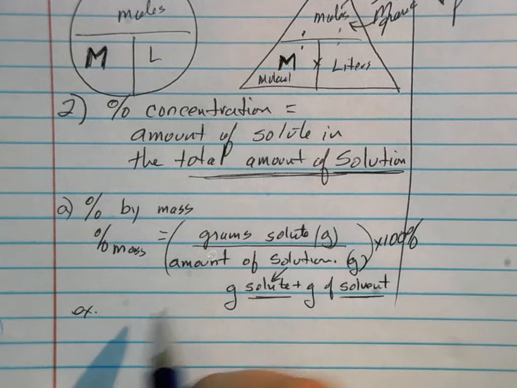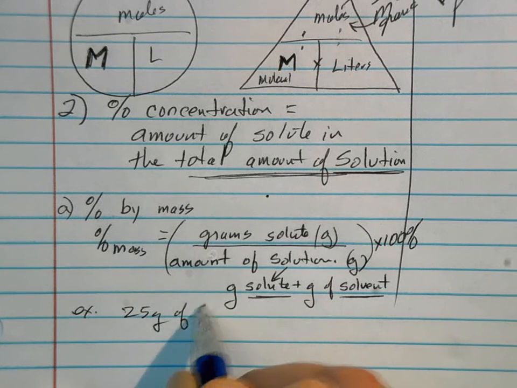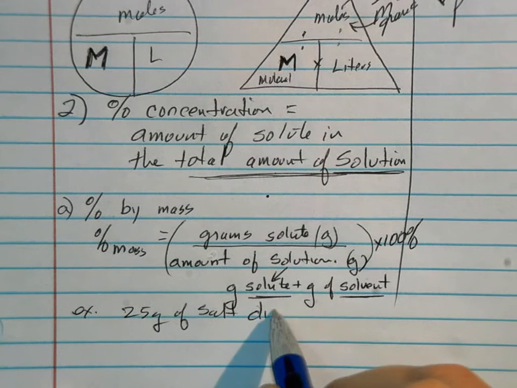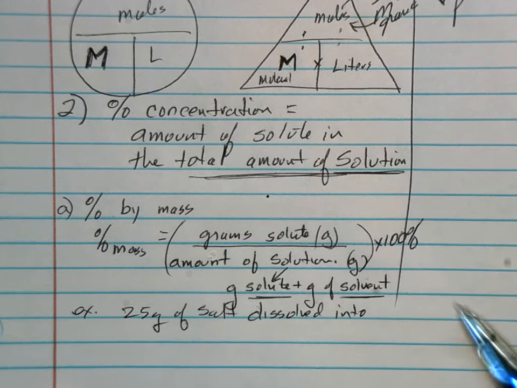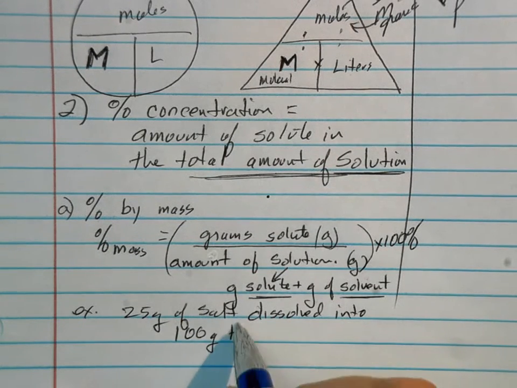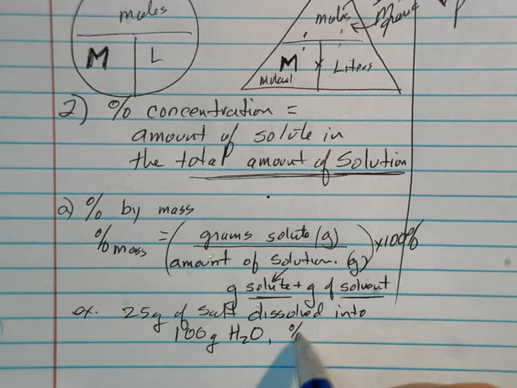Example, let's say we have 25 grams of salt dissolved into 100 grams of water. Percent mass equals.